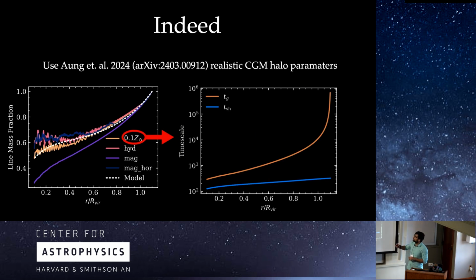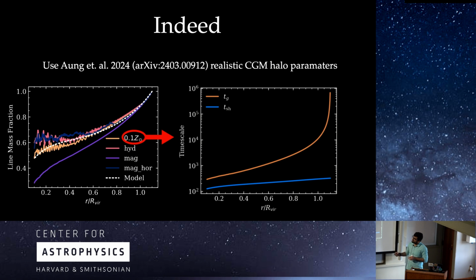And we did this for a realistic halo profile, which is probably more relevant to us. So this was using Ong et al.'s equations, which was close to an NFW profile, and with hydrostatic conditions you can get the temperature profile and the gravitational profile. And you see that a similar relationship holds.